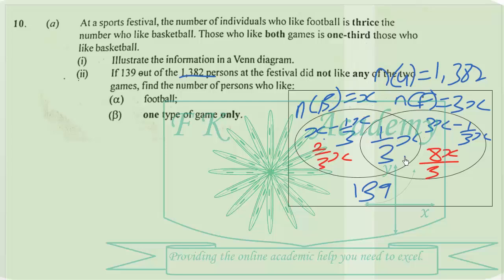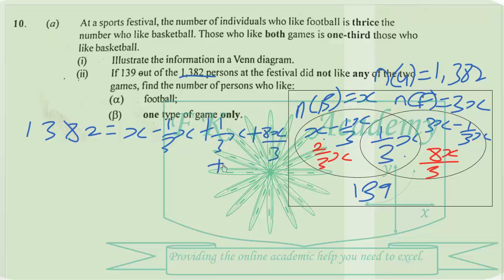We have 1,382 is equal to x minus 1 over 3x plus 1 over 3x. Then we add it to 8x over 3 plus 139.